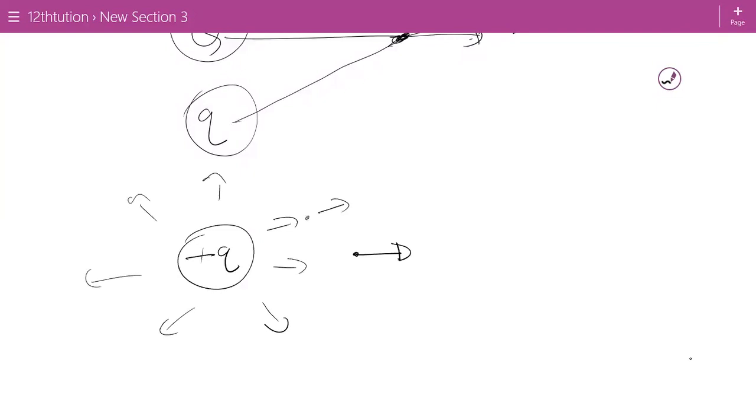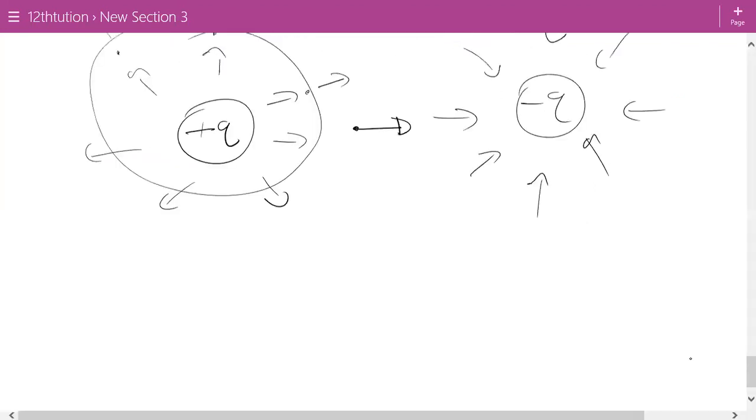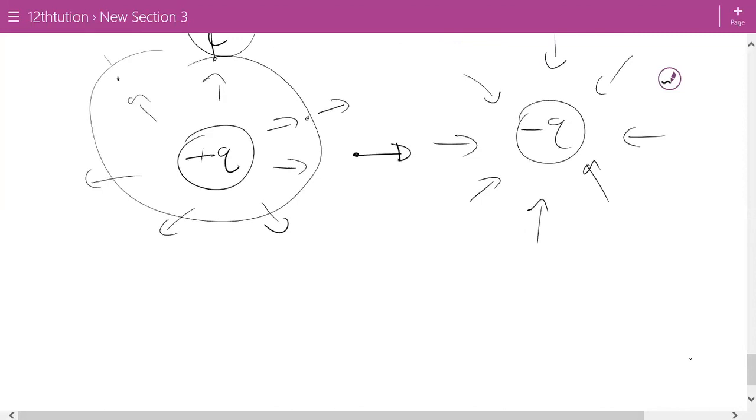So these are the field lines due to positive Q charge. Due to negative Q charge, field lines will be like this, inwards. Very good. The field lines will be inward due to negative charge. Due to positive charge, they will be out. You can write them, but the directions are very important.